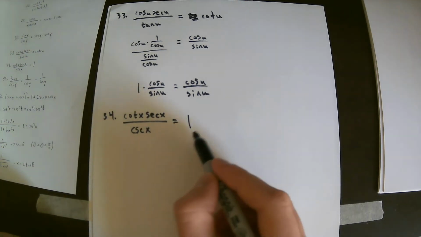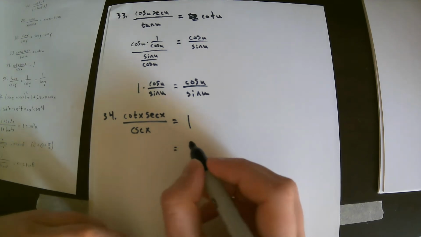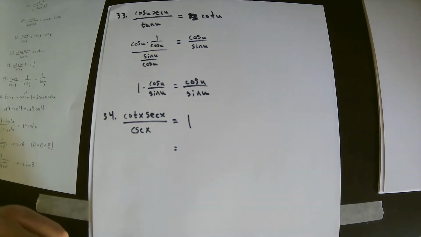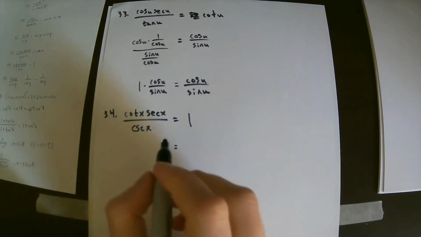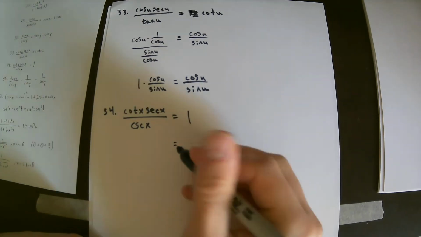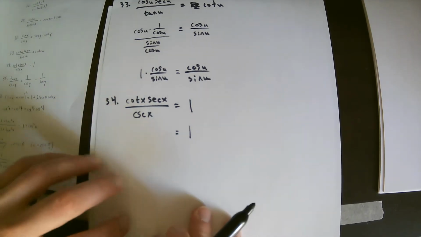I can't really work with this much, so I'm probably just going to carry that along. I mean, what can I do with 1? I can say it's sine over sine, or cosine over cosine, or cotangent over cotangent. But without knowing what this side is going to work down to, I really can't do much with this. So I'm just going to carry it along and hope that this simplifies down to match it.